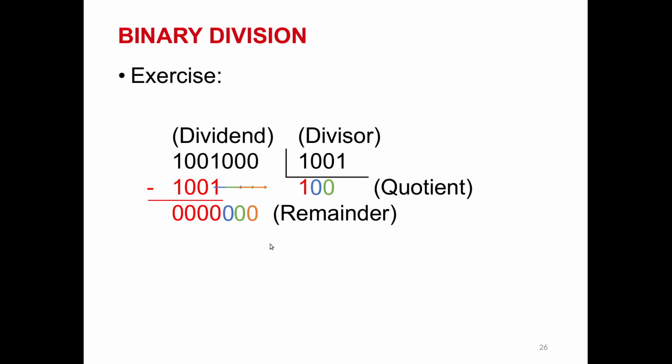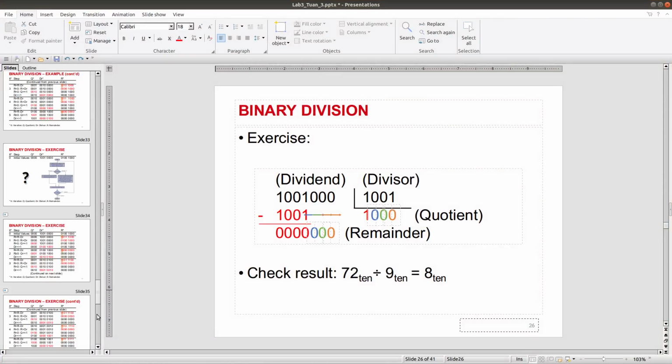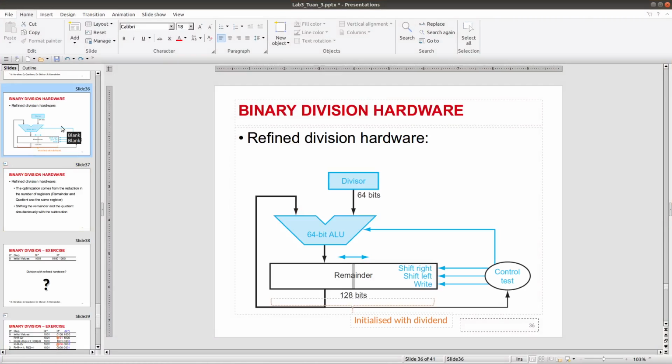At the final step, we will have the quotient replacing the unused bits inside the remainder, and so here will be our upgraded hardware for division.